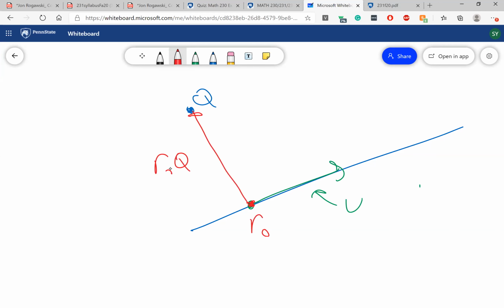The normal vector is going to be V cross R0Q, and you would be able to continue from there. Does that make sense? Okay, so let's actually do it.